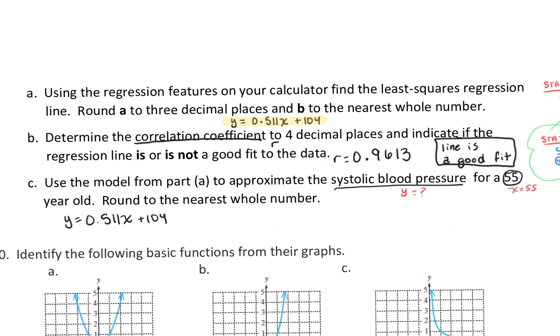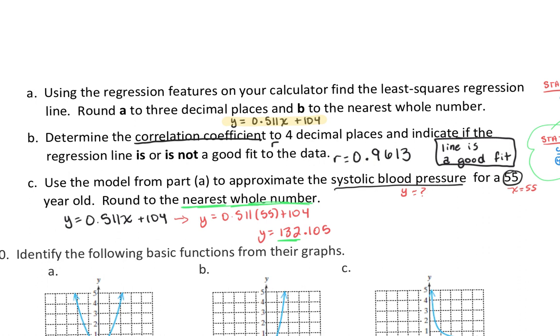So we'll just plug that into our equation. Y is equal to 0.511 times 55 plus our 104. And you'll get something along the lines of 132.105. And you want to round it to the nearest whole number. So our nearest whole number is 132.